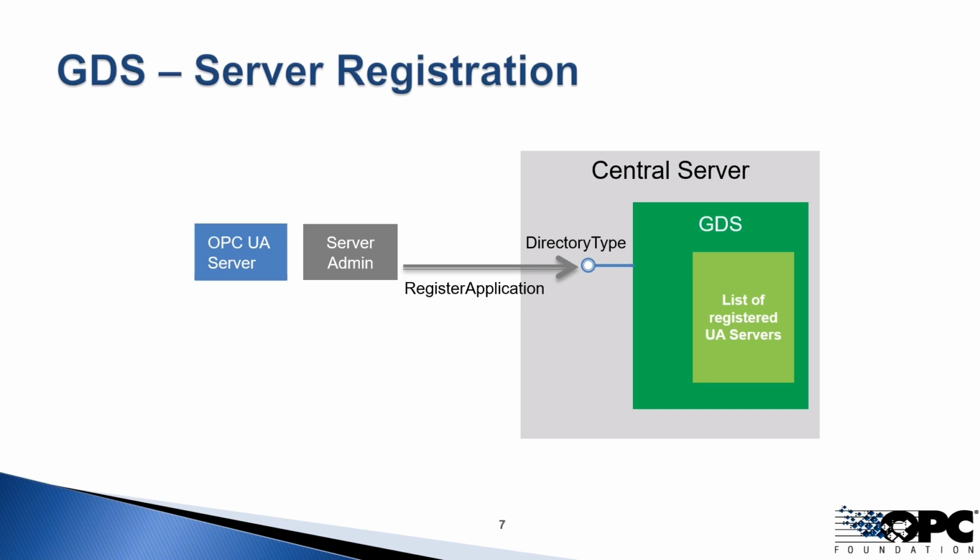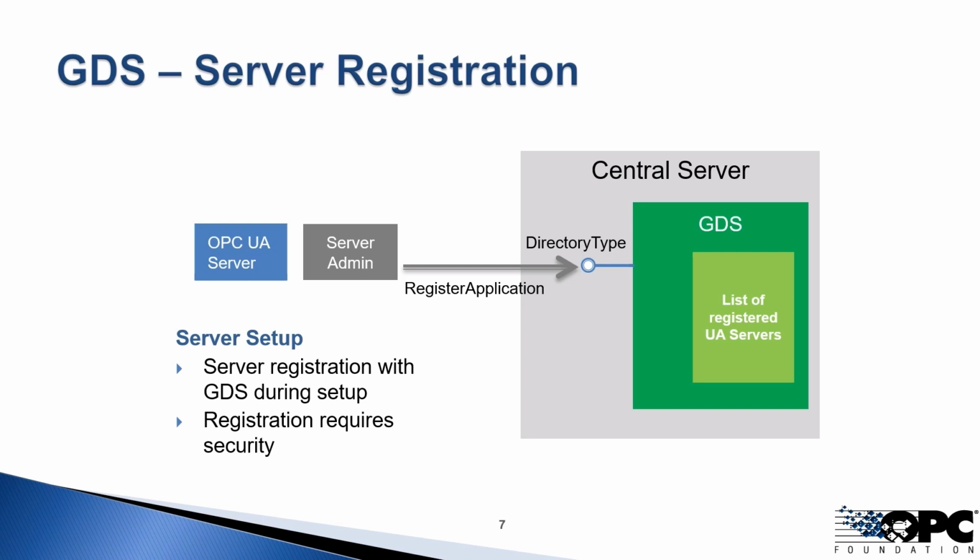So here, instead of seeing the OPC UA server register with the discovery server, as it does with the LDS in the ad hoc case, we see a server administrator using oftentimes a separate administration app to register on behalf of the OPC UA server. So again, one advantage to using the GDS in this case is that it's a trusted source for discovery as opposed to an ad hoc, somewhat untrusted source.